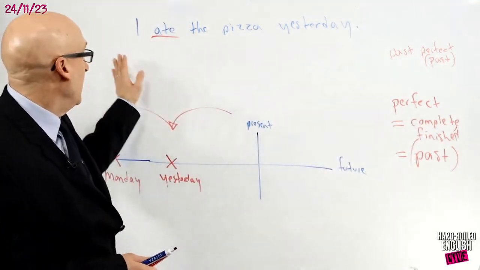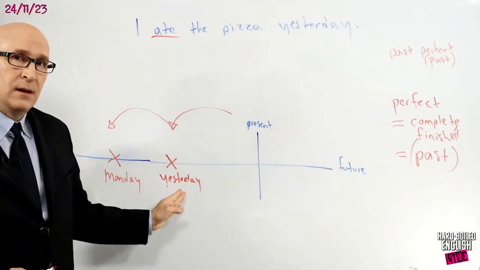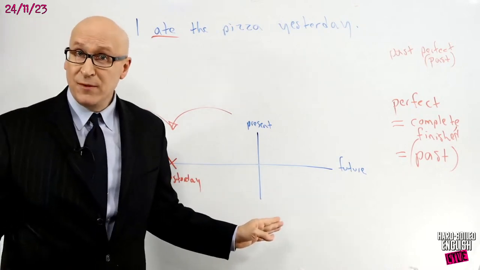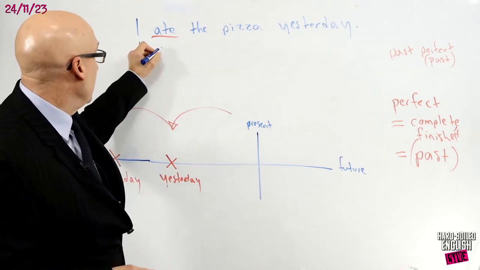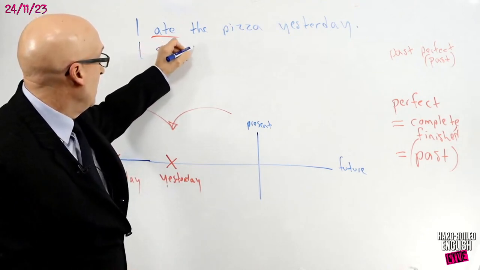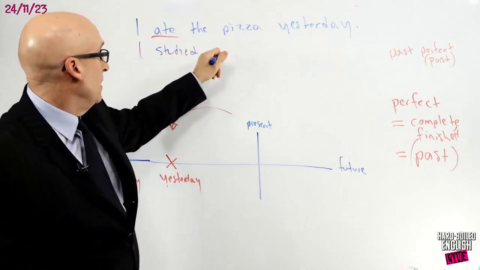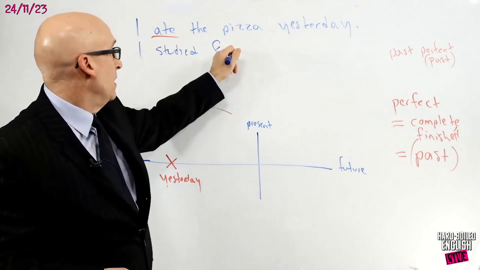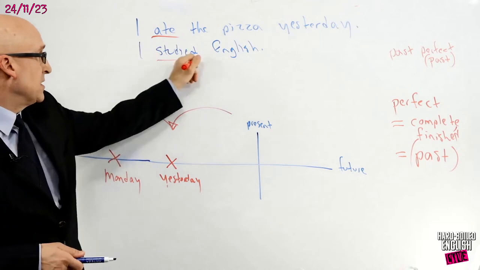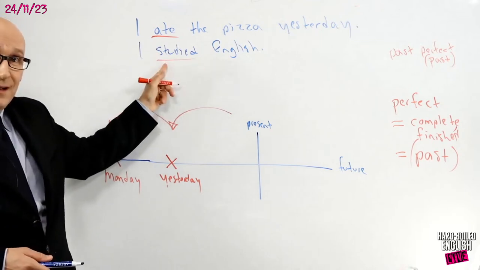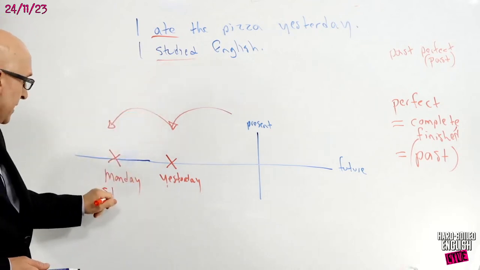So for example, I ate the pizza yesterday, but something else happened before it, right? Let's say I studied English. I studied English. That's the first action. So let's say Monday I studied.